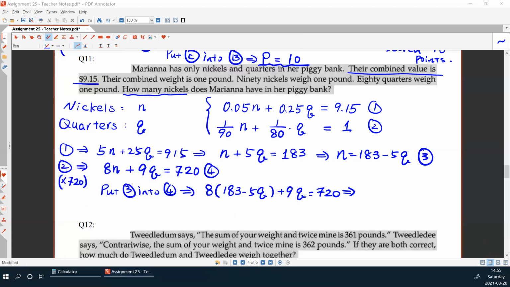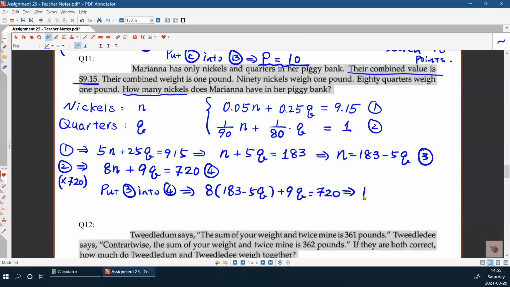8 times 183 is 1464 minus 40q plus 9q equals 720.